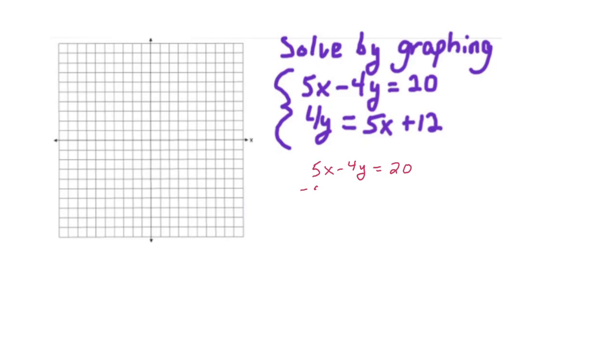And I'm going to subtract 5x. And I get negative 4y equals negative 5x plus 20. I'm going to multiply both sides by negative 1/4 to clear that negative 4.